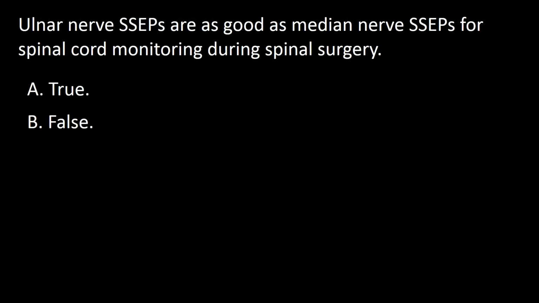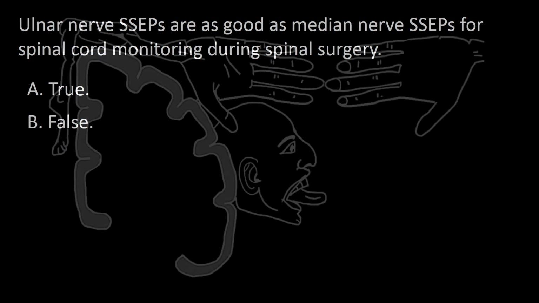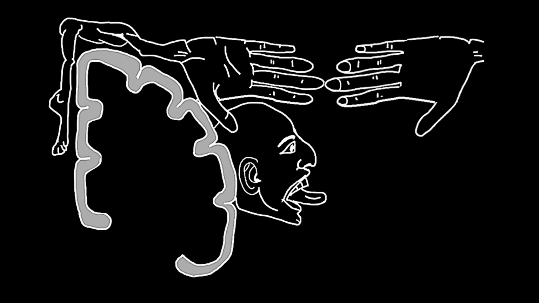Next question. Ulnar nerve somatosensory evoked potentials are as good as median nerve somatosensory evoked potentials for spinal cord monitoring during spinal surgery. A true, B false. This drawing is a schematic representation of the sensory homunculus.